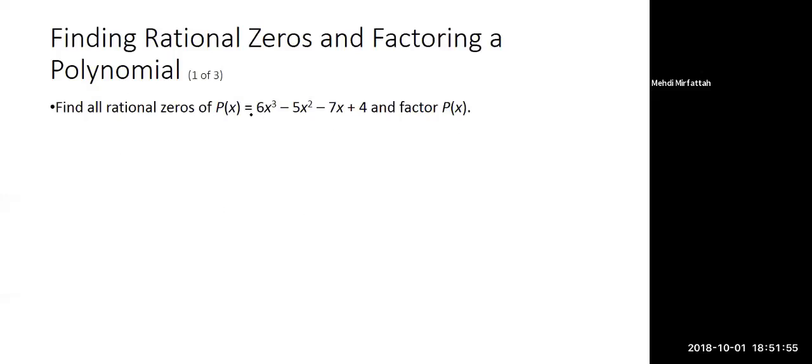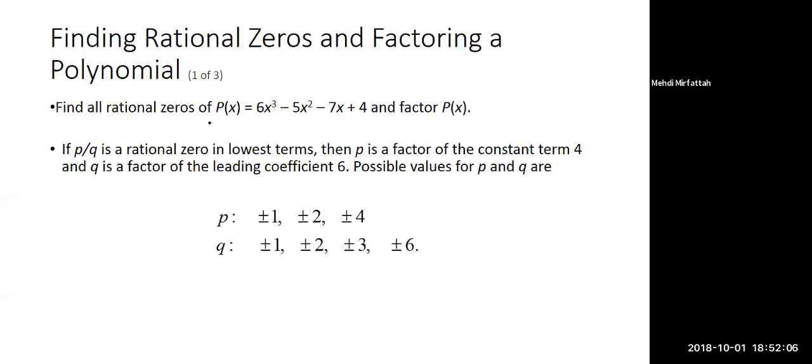P of X equals 6x to the power of 3 minus 5x to the power of 2 minus 7x plus 4. Okay, so in this case, we're going to determine which one is the leading coefficient. The leading coefficient here is 6, and the constant is 4.